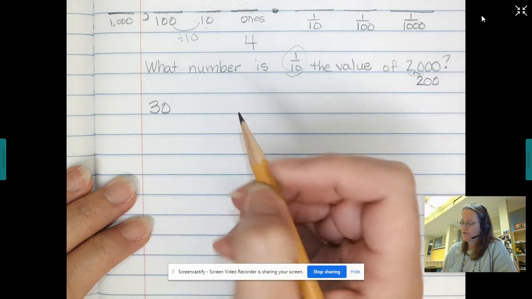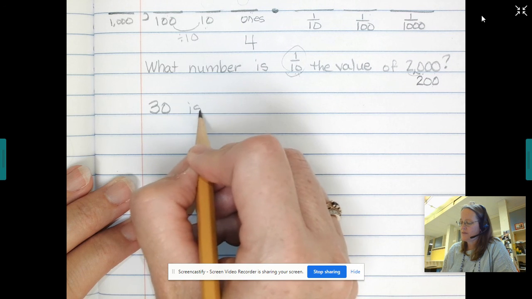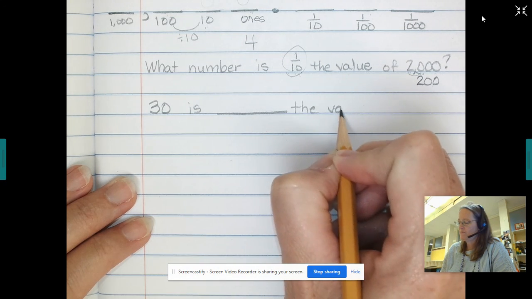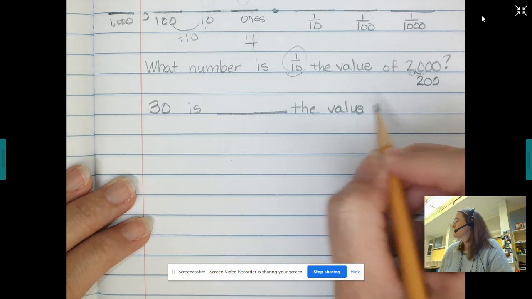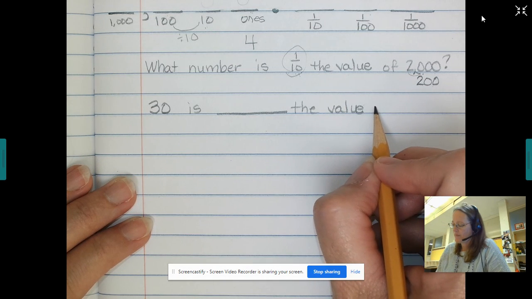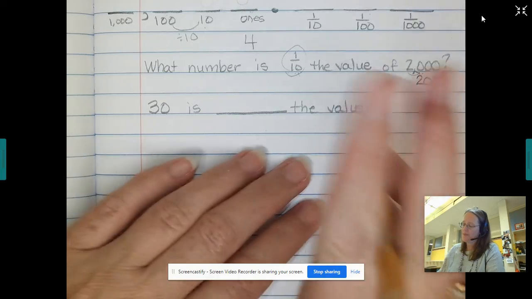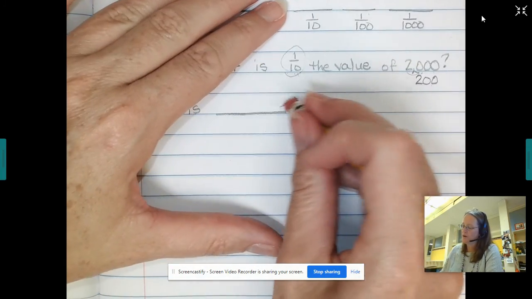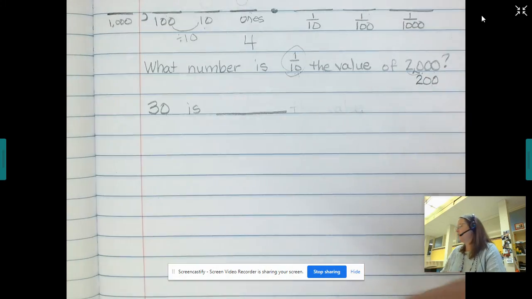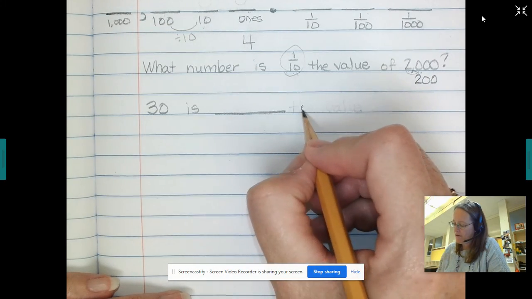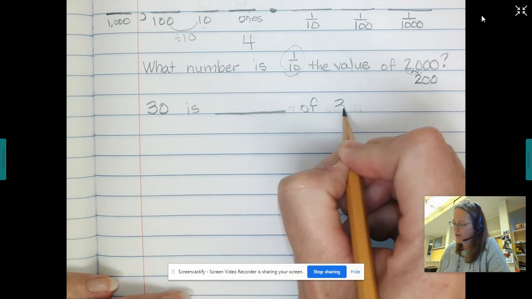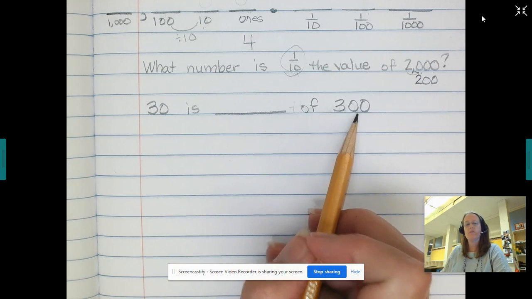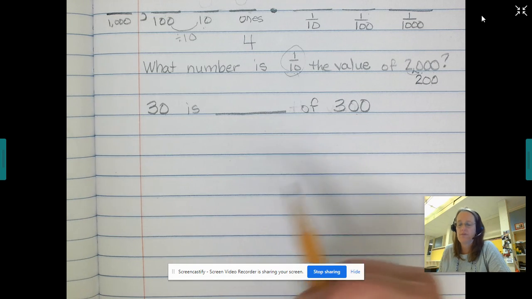What if I asked you this? 30 is blank the value, well, I should say, we can say 10 times greater, or 1/10 the value of 300. Is it 10 times greater, or is it 1/10 the value of 300?